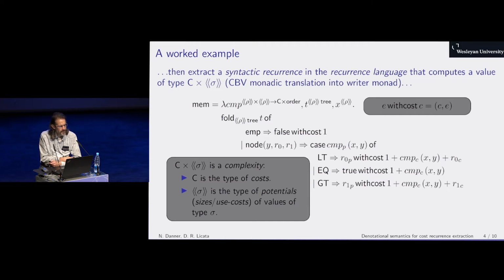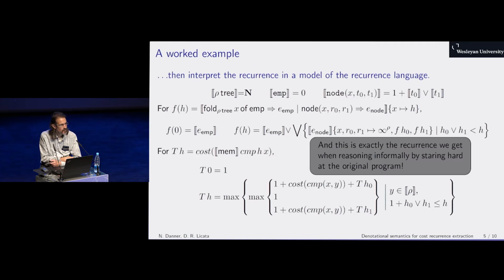You're going to compare the two values, and if the comparison comes out less than, the result is going to be basically the potential of the left-hand recursive call. That's that R0, that recursive call there. The P and the C subscripts are the projections on these pairs. And the cost is then 1 for making that recursive call, the cost of the comparison, along with one more cost for this particular unfolding of the fold. And so where this gets interesting is when we interpret that syntactic recurrence in a model.